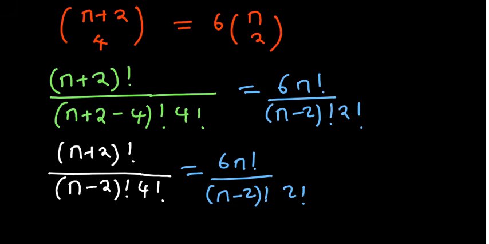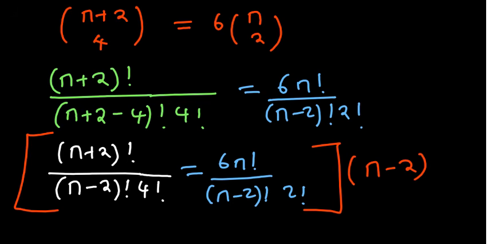So at least we can now multiply both sides by n minus 2 factorial. If you multiply the entire part with n minus 2 factorial, it's going to be easier. So in such a case, this will go, that will also go.